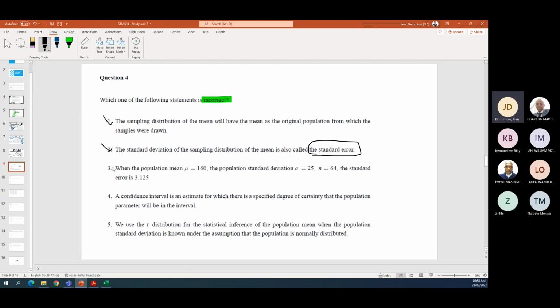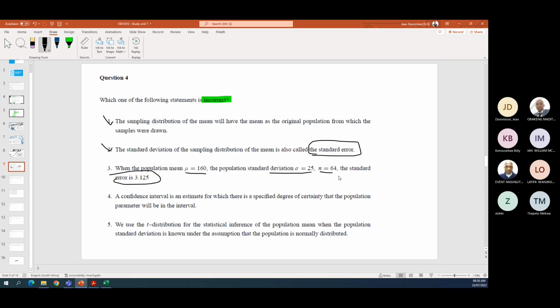Now this is the first time I see something like this, where they actually ask you to work out that whole thing. So let's see what they ask you. When the population mean is 160 and the standard deviation is given, work out the standard error.